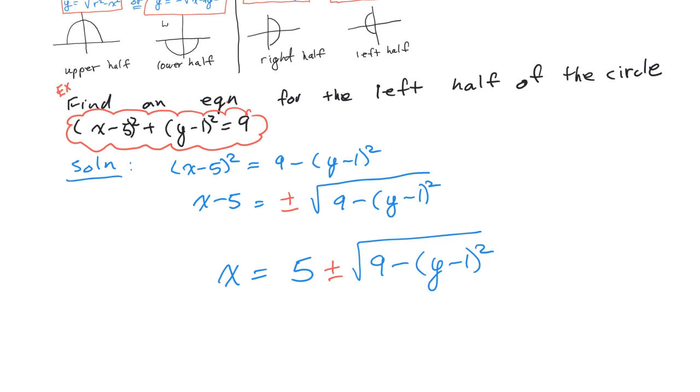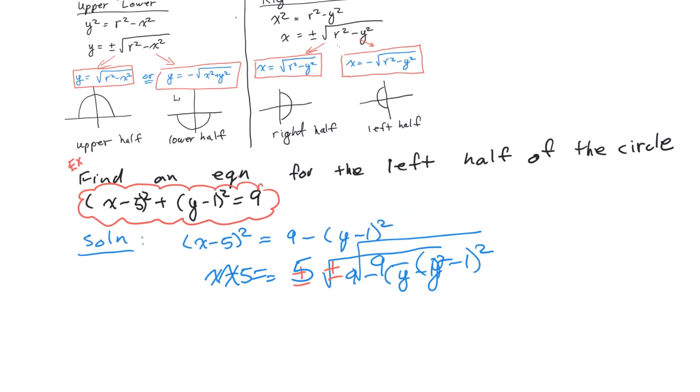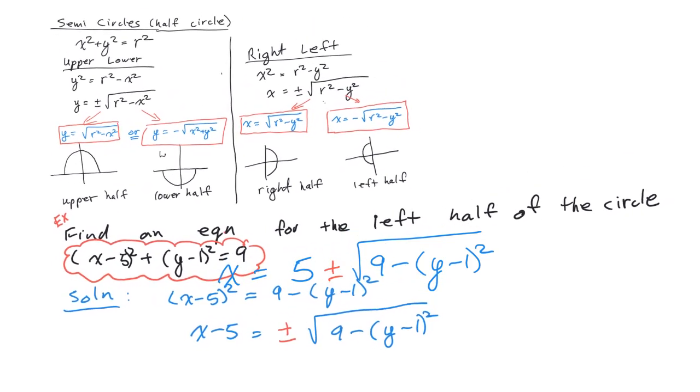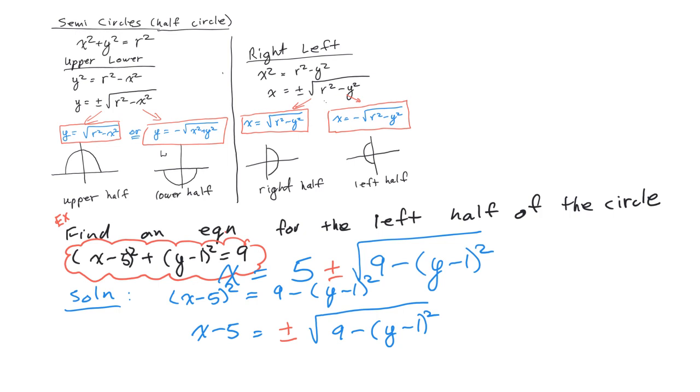What does that mean? From our original problem, we wanted the left half of the circle, and that only happens when we use the negative half of the square root sign. So let's use that.